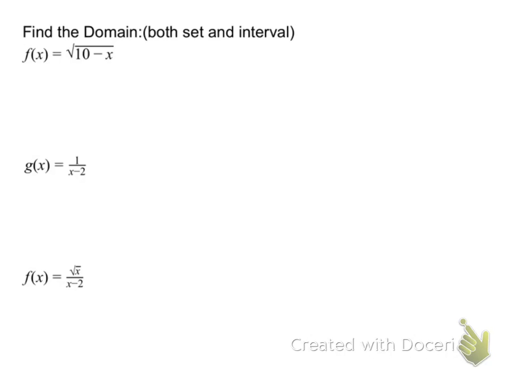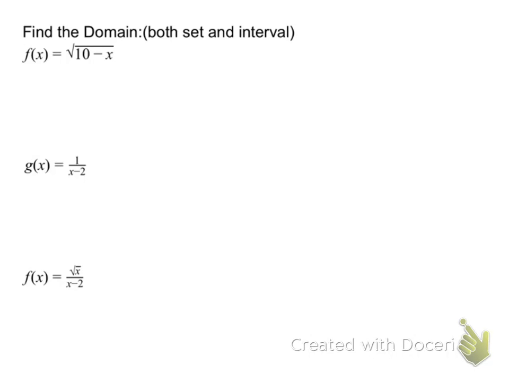We did. You can't take a square root of negative numbers. So the question is, if I can't take a square root of a negative number, that means the thing inside, 10 minus x, can't be negative.